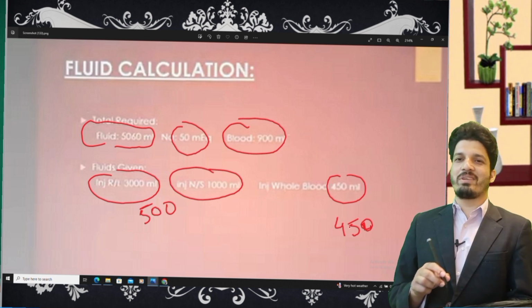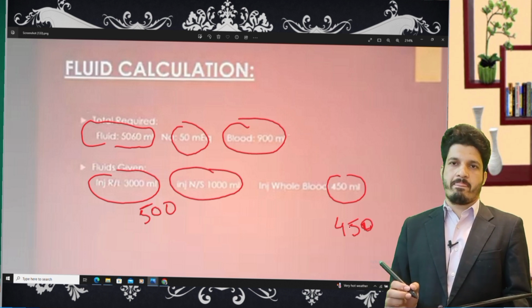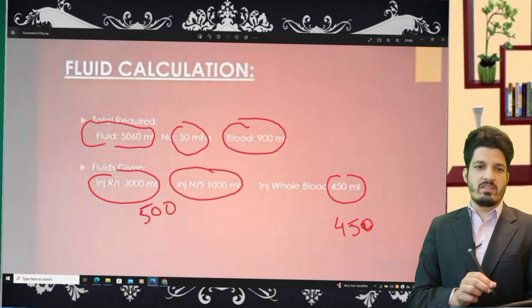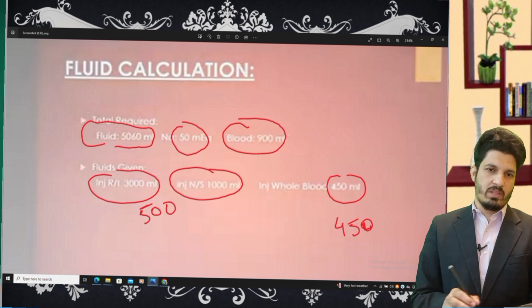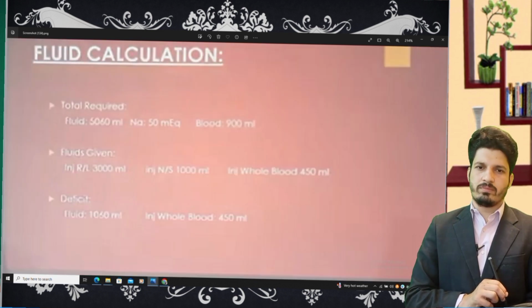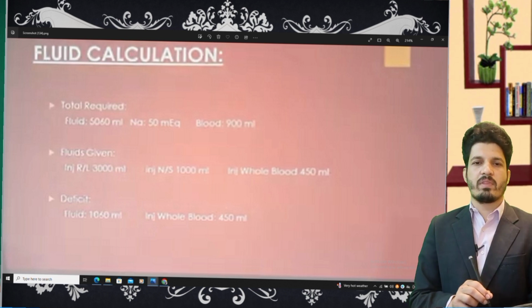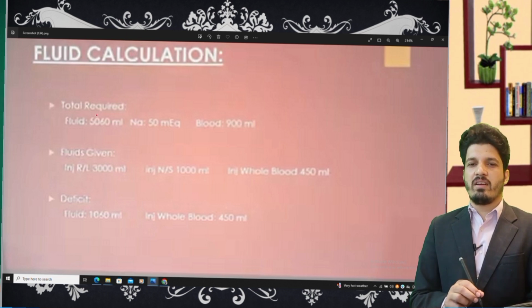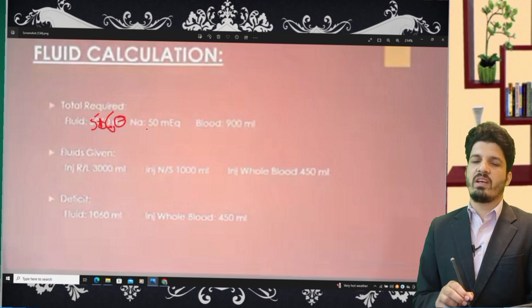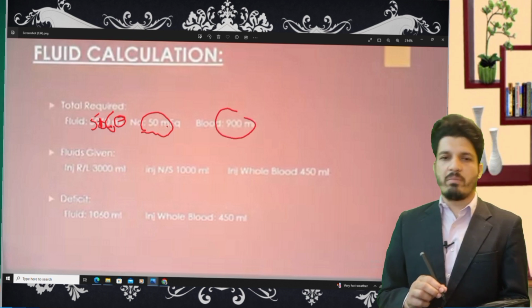I have mentioned this because I have to replace this fluid in the post-operative period. So that's why I have mentioned this here for your simplicity. So here, finalizing the things, total fluid required was 5060 ml, sodium 50 milliequivalent, and blood 900 ml.